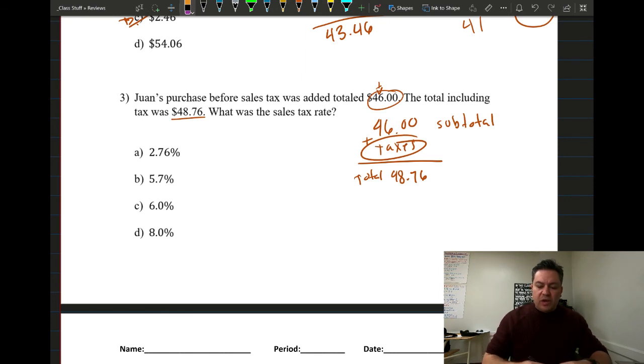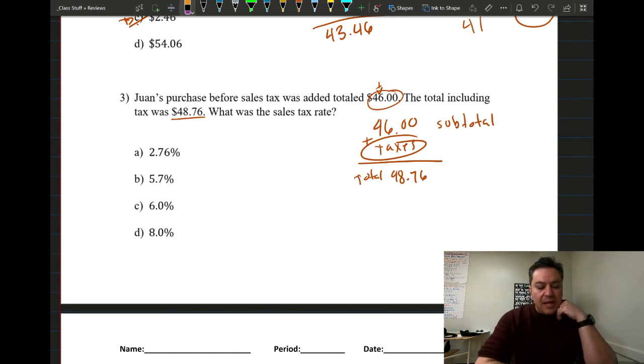Okay, so now that we have established that we're looking for the taxes, you can do it two different ways. You can either work it backwards, or you can try these percentages and multiply them by the subtotal, and whatever gives you the 48.76, that will work. But you will have to hopefully guess at the same time which one it is.